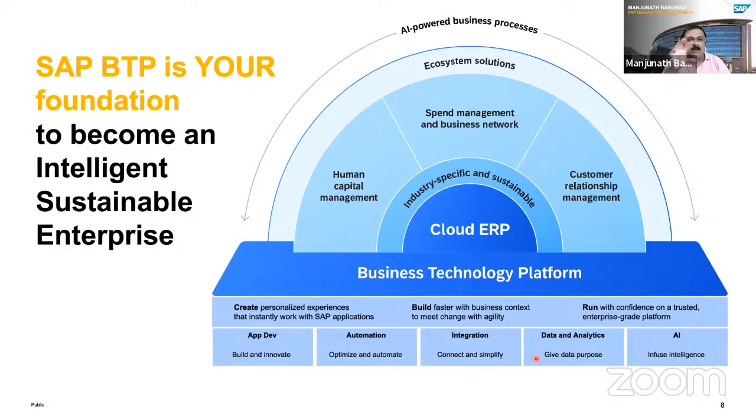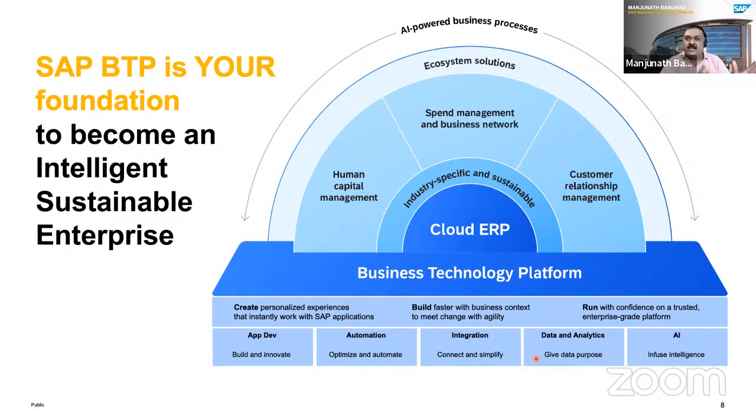So you see that there are some more details which we will anyway double click on, but to start at the top, when you look at Business Technology Platform, we currently look at its capabilities as converged or packaged into 5 different pillars: application development, automation, integration, data and analytics, and artificial intelligence, right?